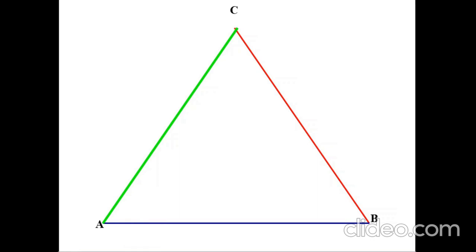So, in the given diagram, every corner of the triangle represents a pure component. We have the labels A, B and C. Now, A represents pure water, B represents pure oil, and C represents pure surfactant.